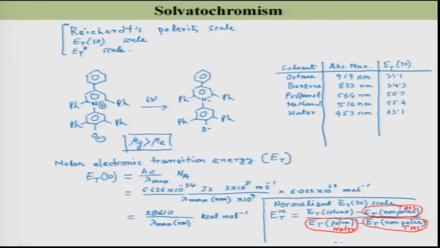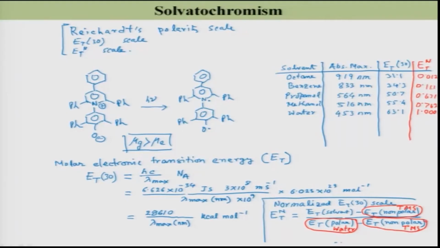So, now I convert this ET 30 scale to a normalized scale of polarity, which is known as the ETN scale. If I simply write the corresponding values of ETN, octane becomes 0.012, water becomes 1.000, methanol is 0.762, propanol is 0.671 and benzene is 0.111.